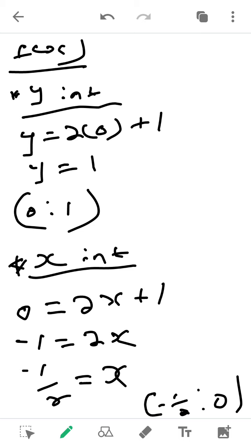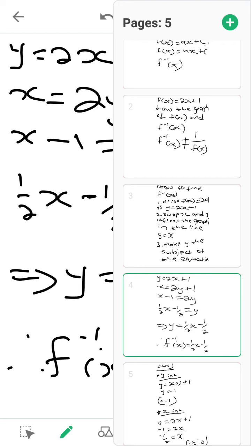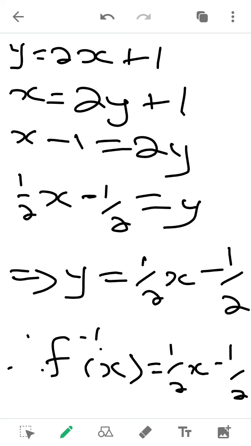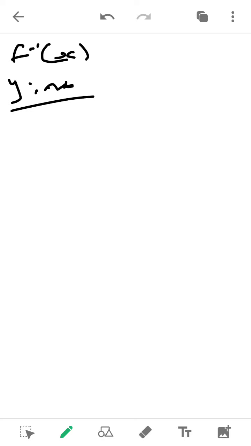Now let's go to the inverse of f of x. So here's our equation. The inverse of f of x is equal to 1 over 2x minus half. So for the inverse of f of x, for y-intercept, you make x equals 0.